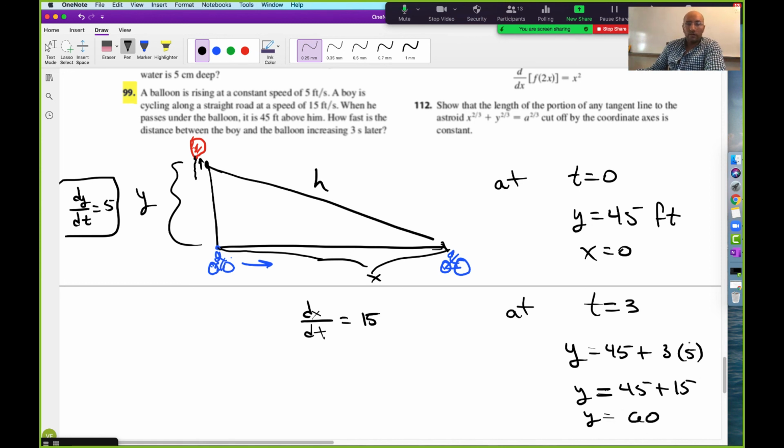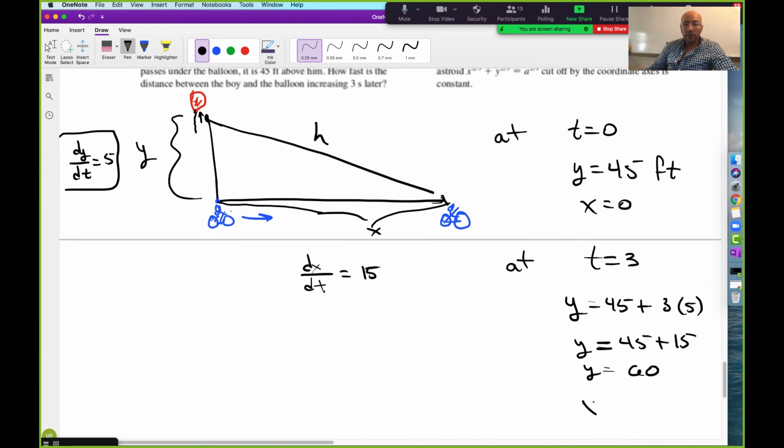Good. And what about the boy? Well, he starts off at 0. He's traveling at 15 feet per second. At t equals 3, x is going to be equal to 15 times 3, which is 45. Good. Questions?